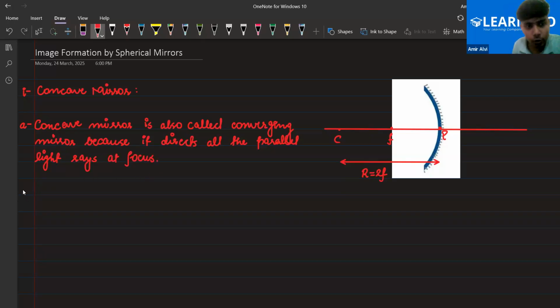Okay. Now the B part of the concave mirror: the focal length of a concave mirror will always be negative.